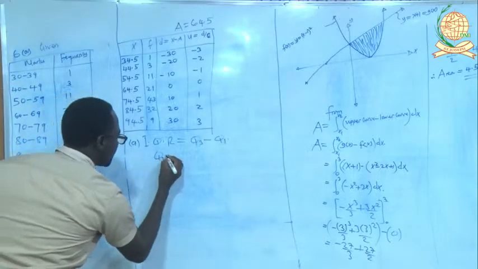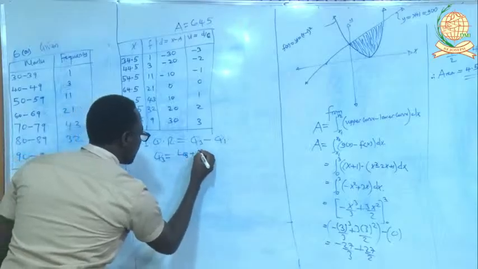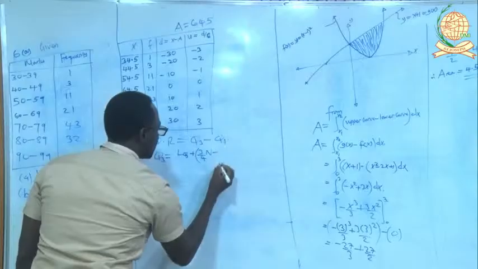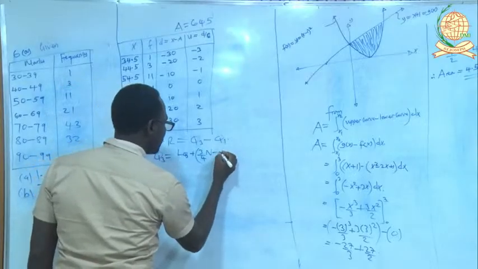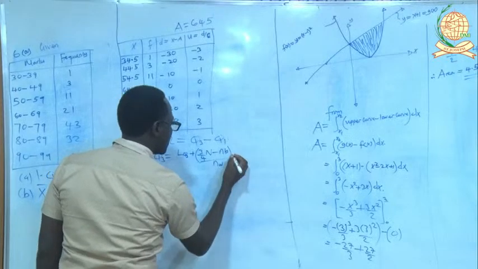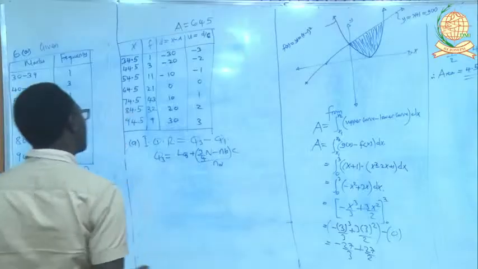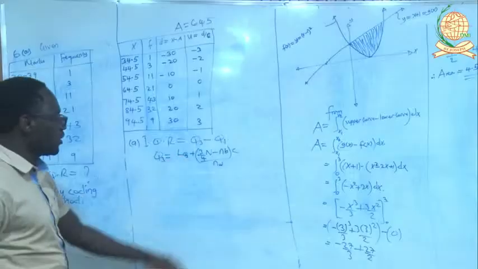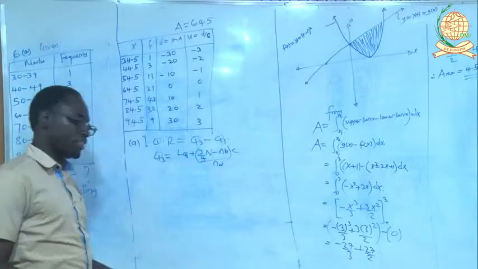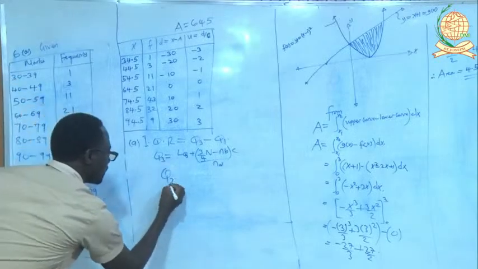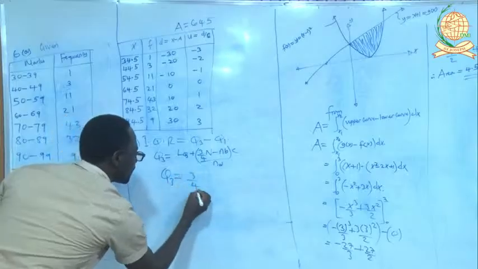Q3 is given as L of Q3 plus 3 over 4 n minus NB divided by NW, times C. L is the lower limit. So to get L of Q3, NB and NW, first find the class interval for Q3. So Q3 is in this position, 3 over 4 n.